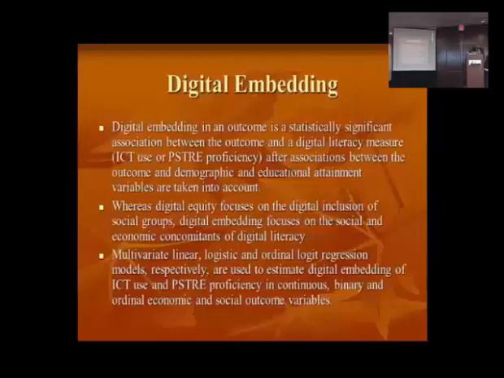That's going to be my definition of digital embedding. Whereas digital equity focuses on the inclusion of social groups, digital embedding focuses on the consequences of being digitally included in terms of economic and social outcomes. So there's a different focus in this research question.